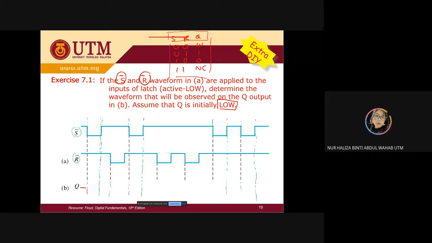I am done for my S. Now, as for my R, here no change until this part. I have a change. At this part also, I have a change. You can see there is a very small change here. You need to mark it also.